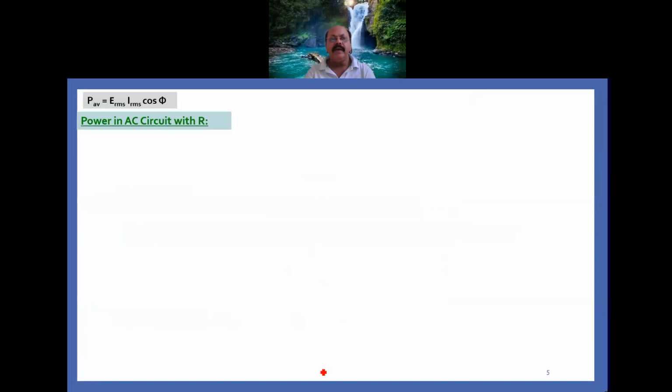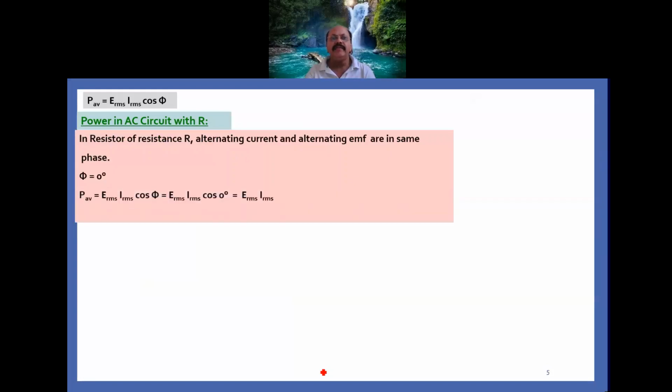Now the power in an AC circuit with resistance R. As we know, P average equal to ERMS IRMS cos phi. In the case of an AC circuit containing only resistance, the phase relationship between alternating EMF and alternating current is the same.